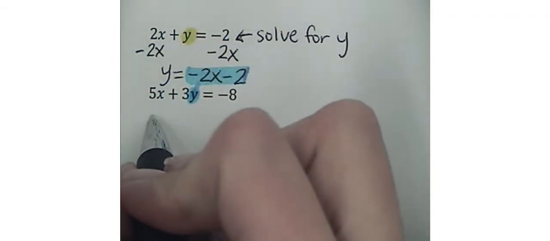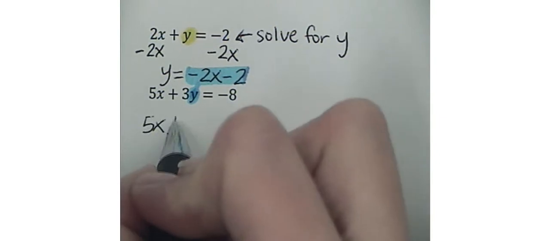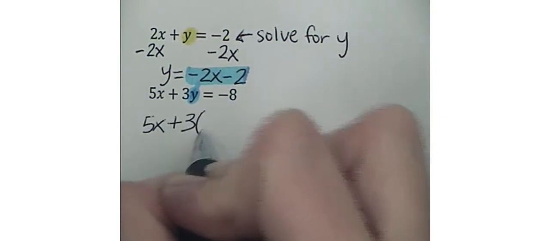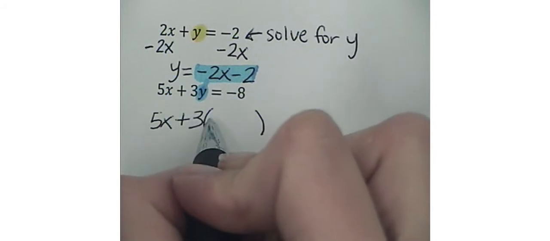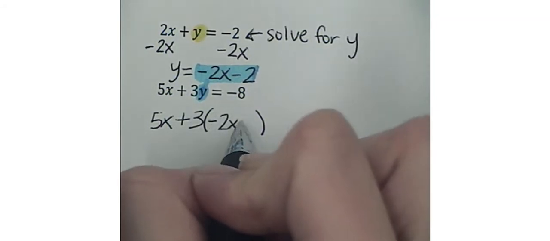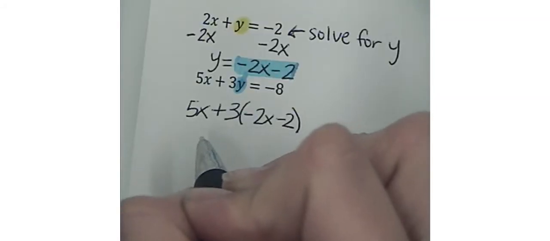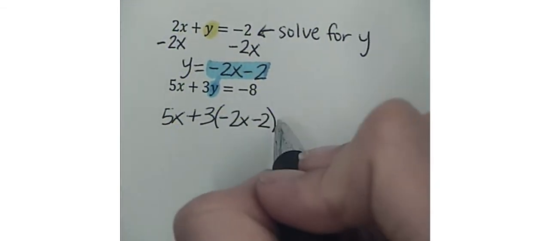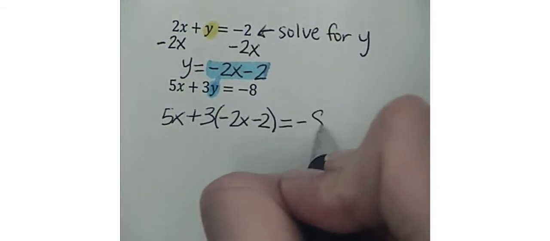So leave the 5x plus 3 times y. Well, y equals negative 2x minus 2. And then I need the equals negative 8 at the end.